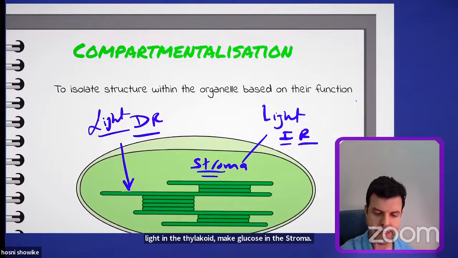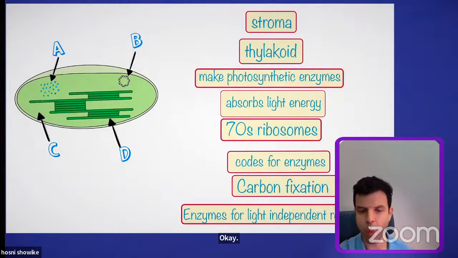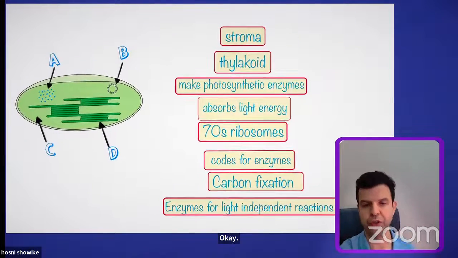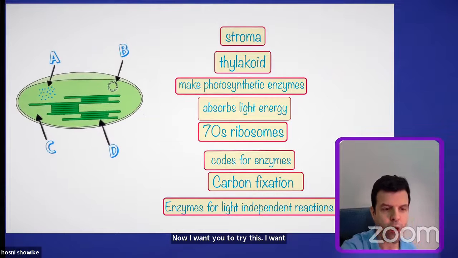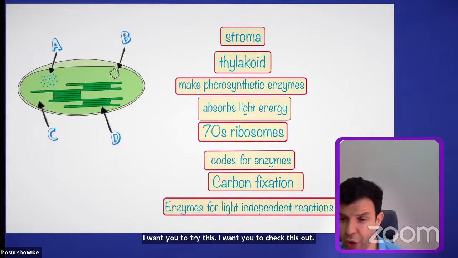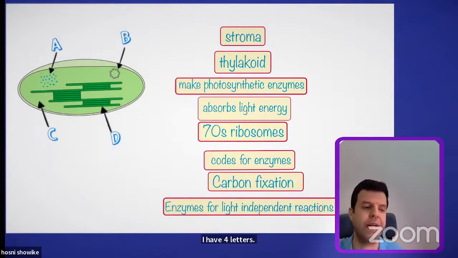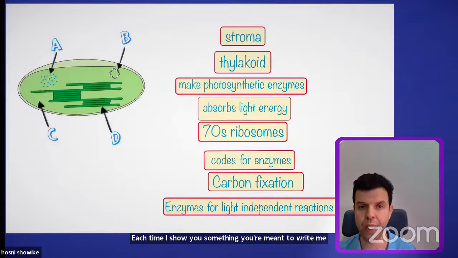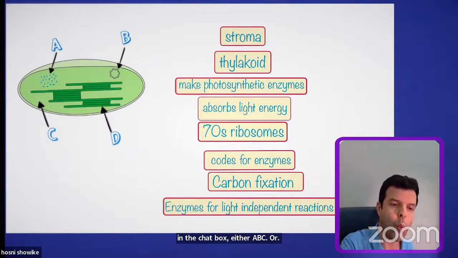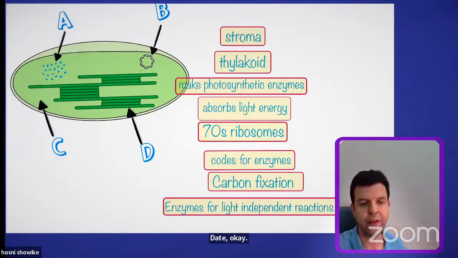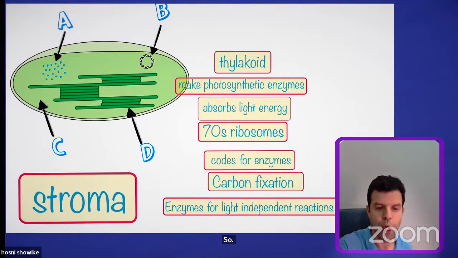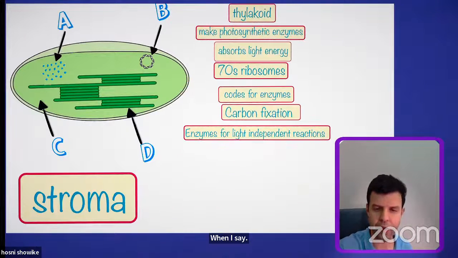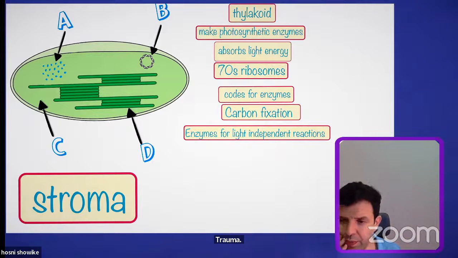Okay? Now, I want you to try this. I want you to check this out. I have 4 letters. I'm going to try this with you. Each time I show you something, you're meant to write in the chat box either A, B, C, or D. Okay? So when I say stroma, which letter are you going to write?